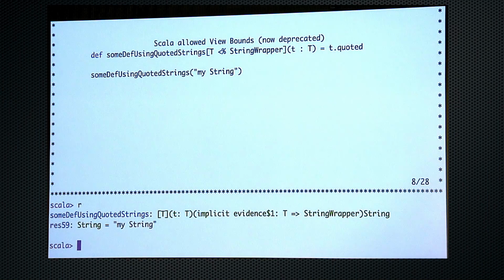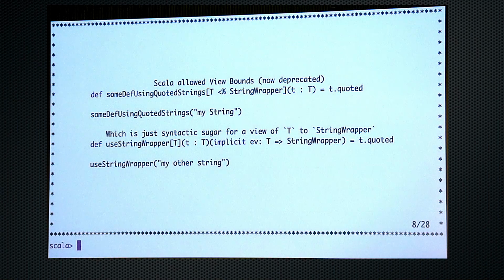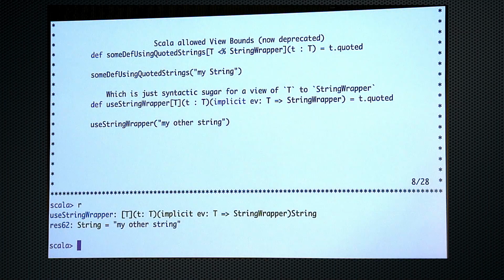So the sum def using quoted strings now takes an extra parameter list with implicits that supplies us with the conversion function. And as you can see, this works. I just explained this already. So the type bound is syntactic sugar for a view of t to string wrapper, which is shown here as this implicit function. And this works.